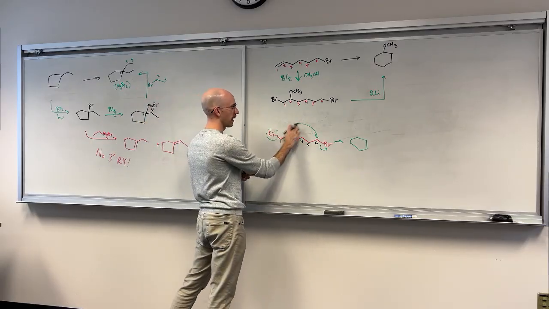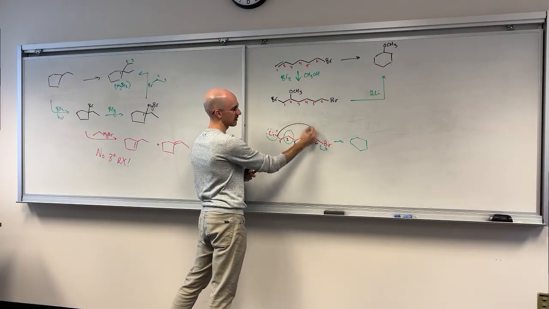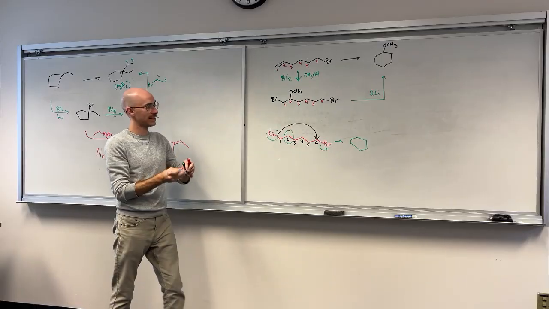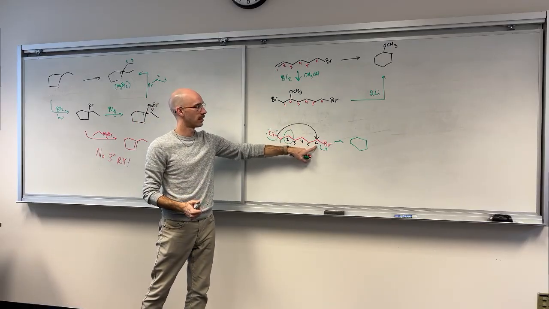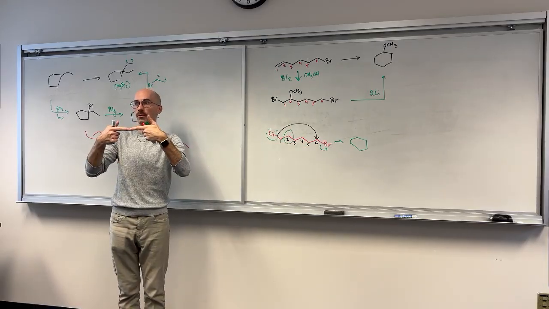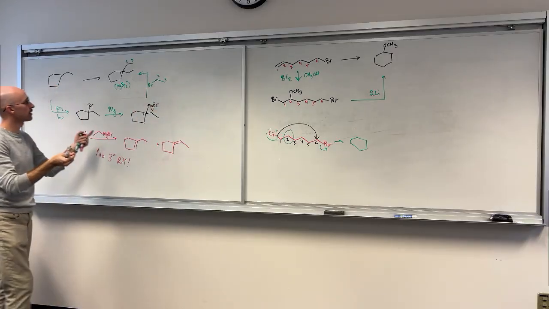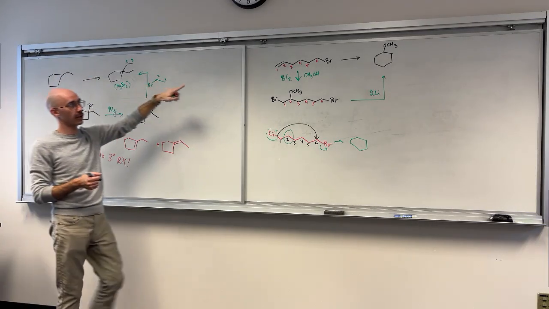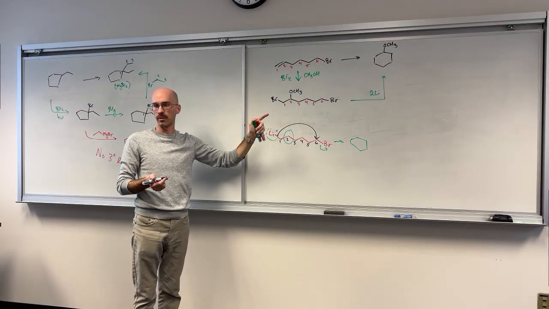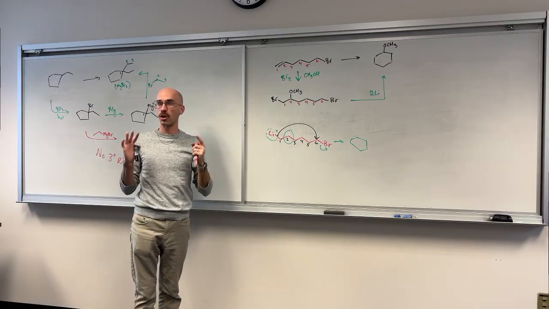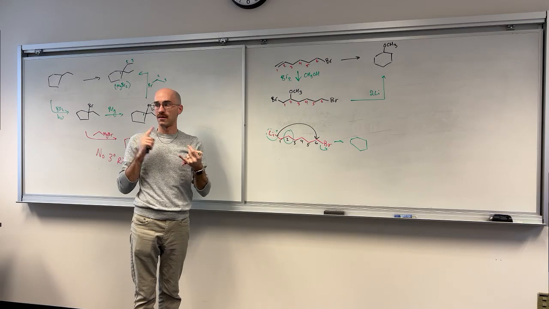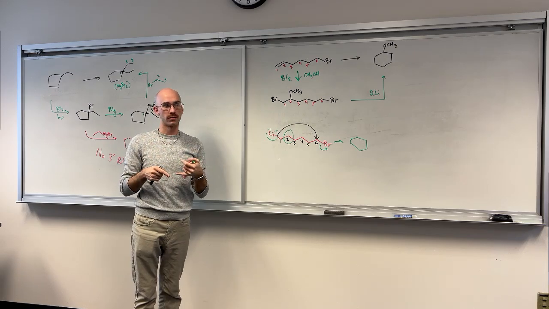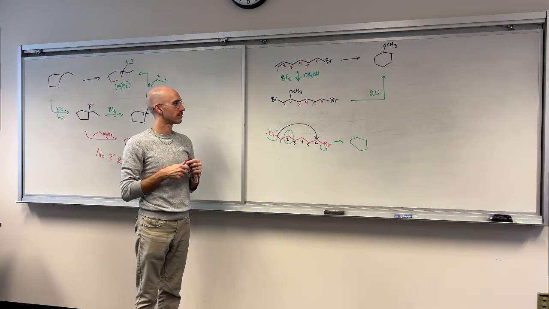As the nucleophile, that carbon takes its electrons, attacks the electrophilic carbon, creates a carbon-carbon bond. Did you notice that's what we did here too? We created a carbon-carbon bond. And here, we're creating a carbon-carbon bond. Organometallics are best at making carbon-carbon bonds.